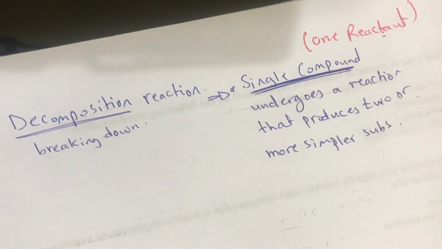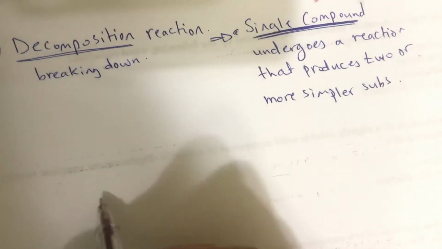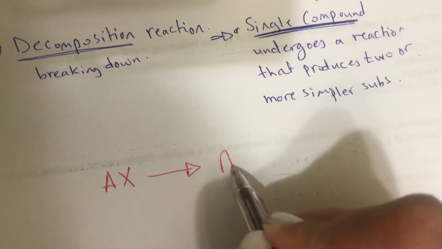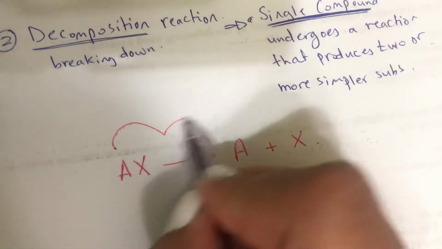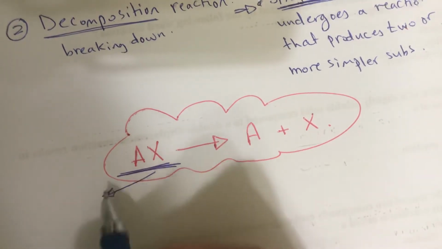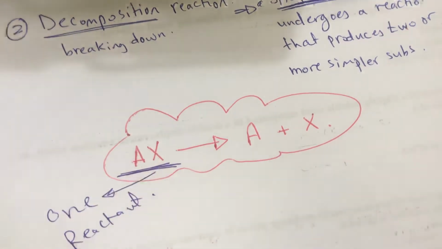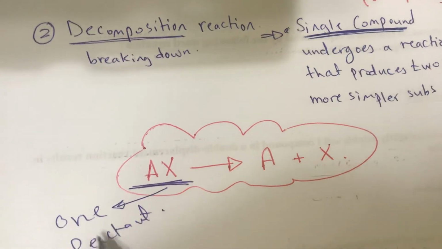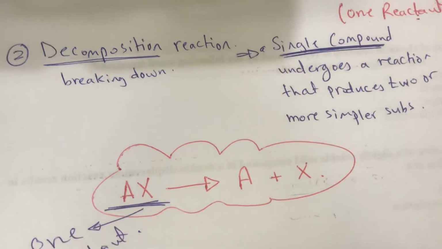So the general formula for decomposition reactions is, here you have one reactant decomposes to simpler substances. So in any chemical equation, if you have one reactant, it means a decomposition reaction.